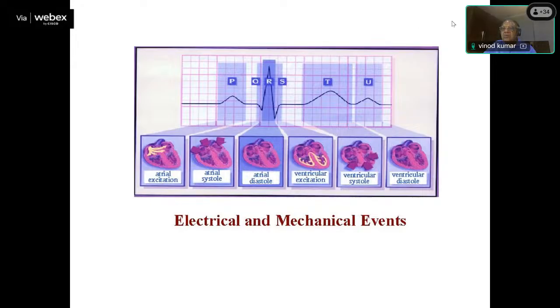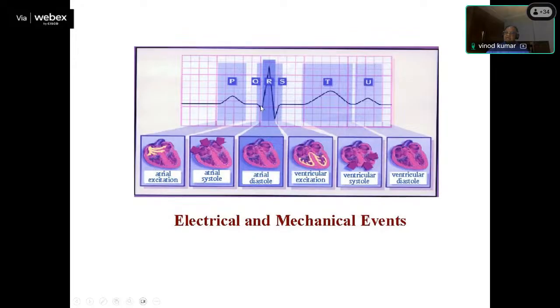ECG basically consists of five wave components: P, Q, R, S, and T. And sometimes a U wave is also there, but it is not certain that it will be there in all the ECG signals. Basically, there is a correlation between the pumping of the heart and the ECG signal.